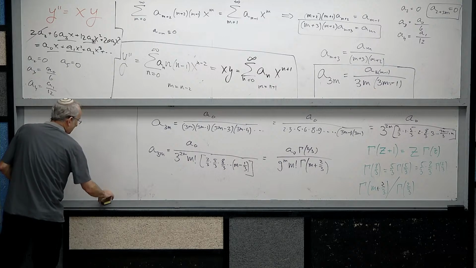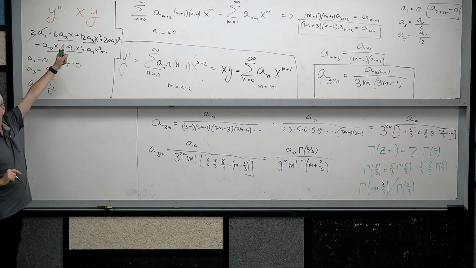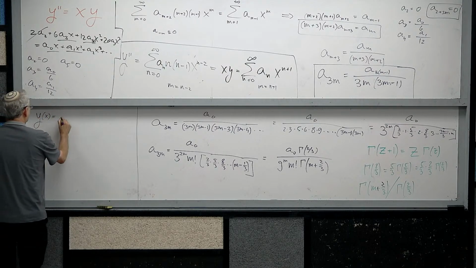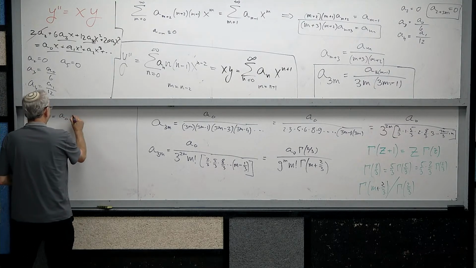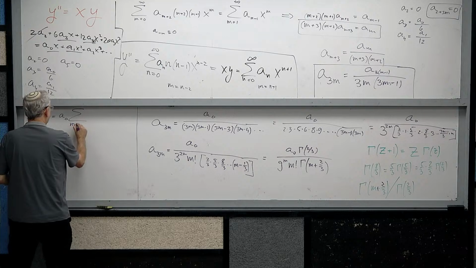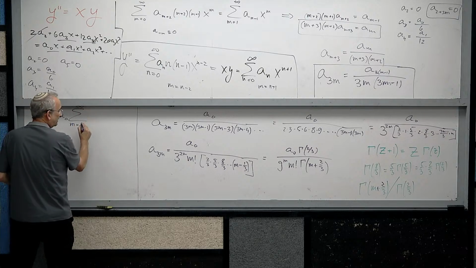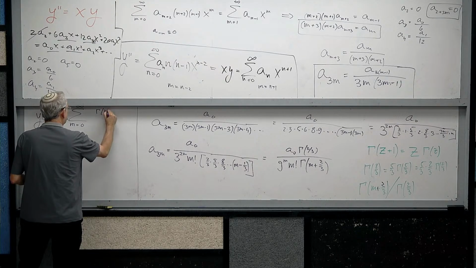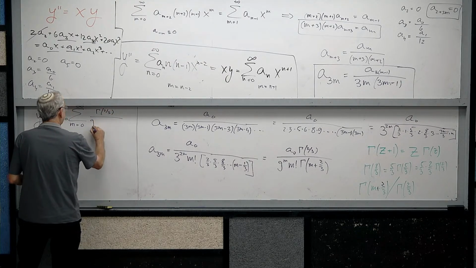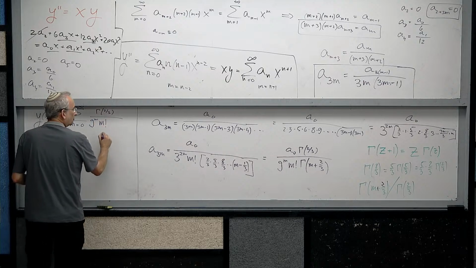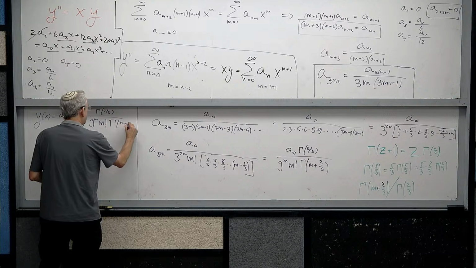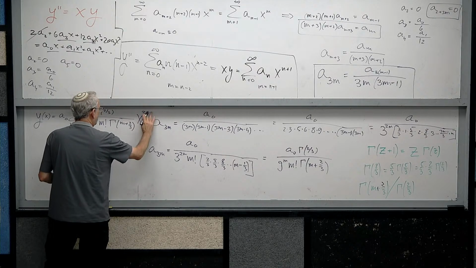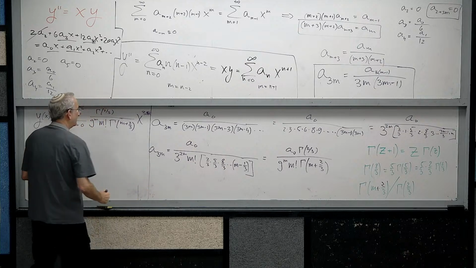I have a solution to the Airy function, and my solution is y of x equals a naught times the sum from m equals 0 to infinity of gamma of 2/3 divided by 9 to the power of m, m factorial, gamma of m plus 2/3, and all this multiplied by x to the power of 3m.